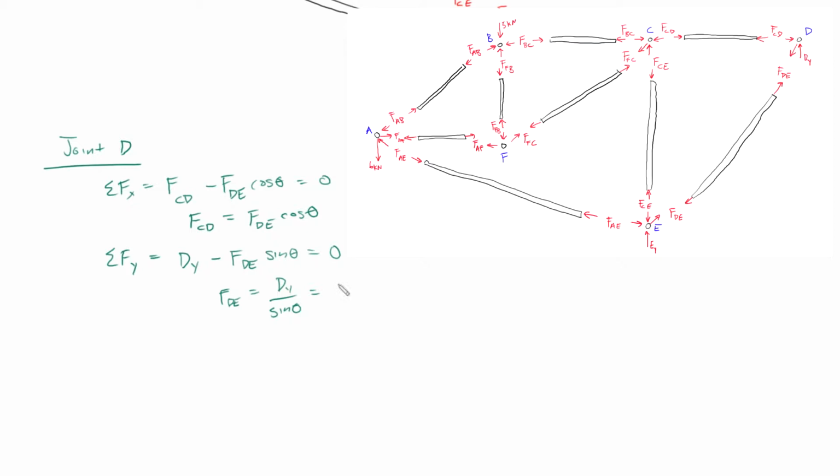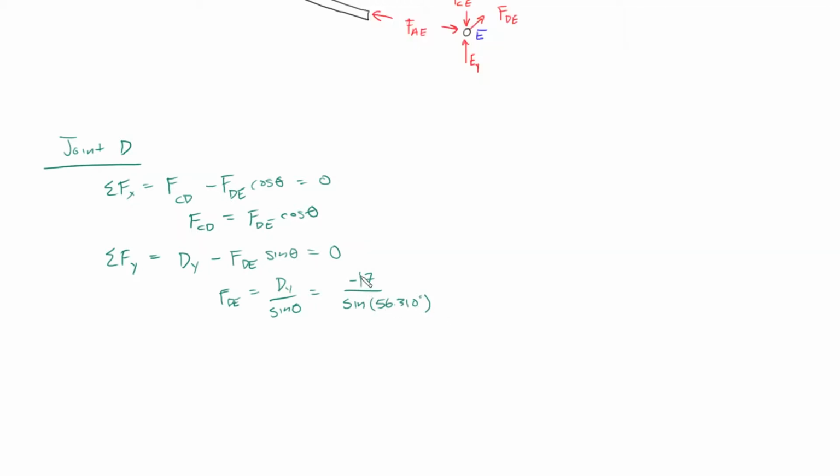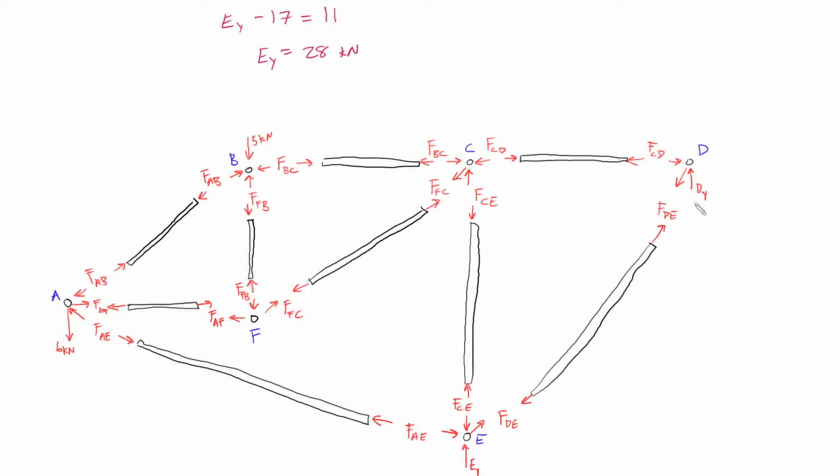And we said that dy is negative 17 kilonewtons over the sine of 56.310 degrees.